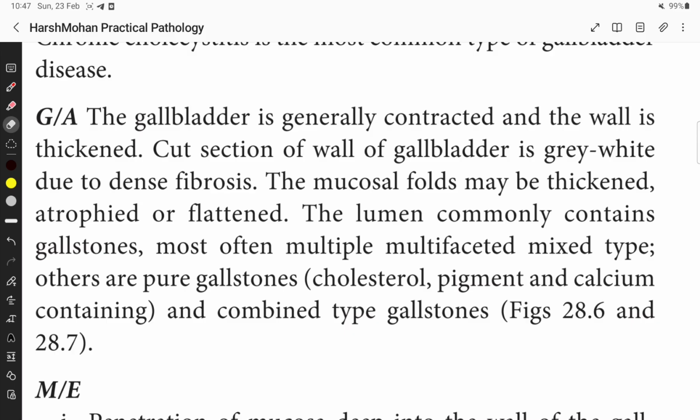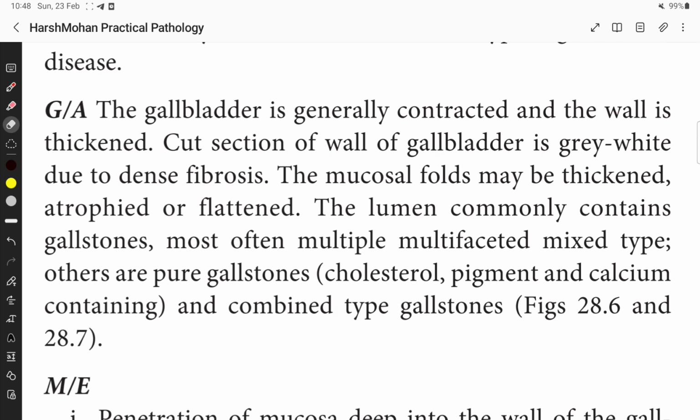Others are pure gallstones, made of cholesterol, pigment, and calcium, and combined type gallstones.